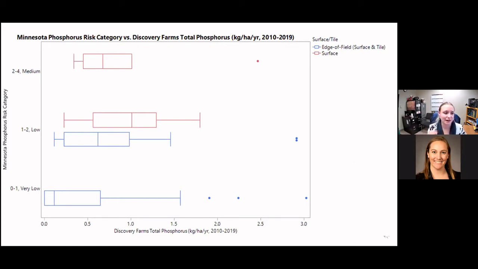Well, the surface is running higher than very low, but not the edge of field data here. Otherwise they look about the same. It does seem like the very low is a bit overpredicted for total phosphorus. And then medium, as we've seen before, seems underpredicted based on this figure, because that box is the smallest for the medium category.